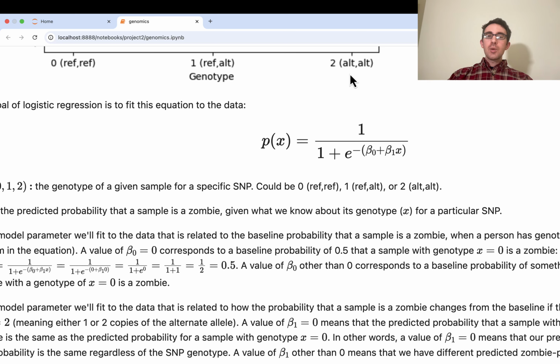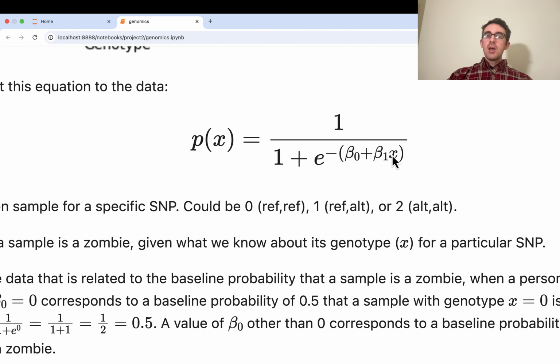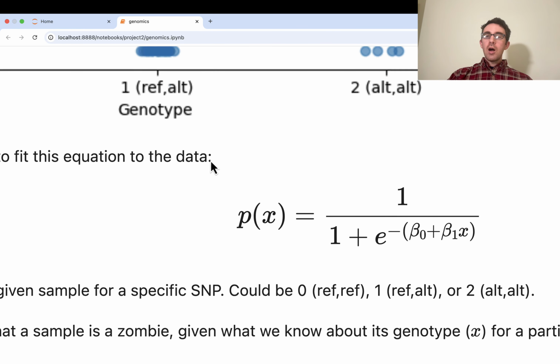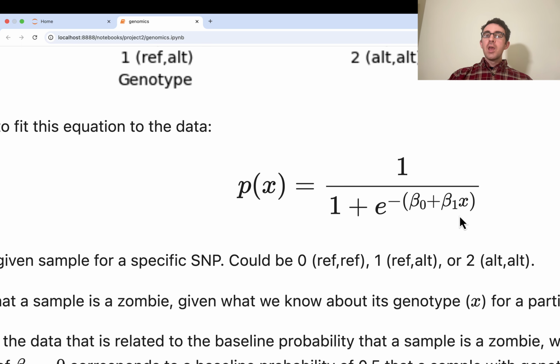So basically, how does the probability that someone is a case or is a zombie change from the baseline of genotype 0 if we have a genotype of 1 or 2 copies of the alternate allele? We can see that because beta 1 is multiplying x, which could be 0, 1, or 2. So this allows for the probability to change if we have a genotype of 1 or 2.